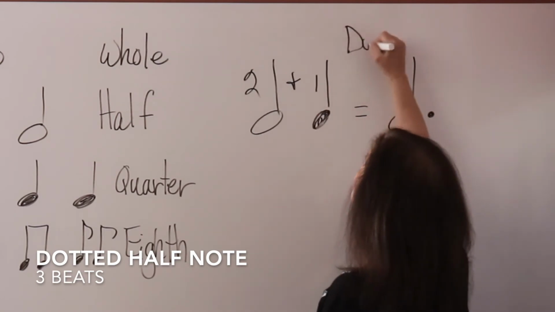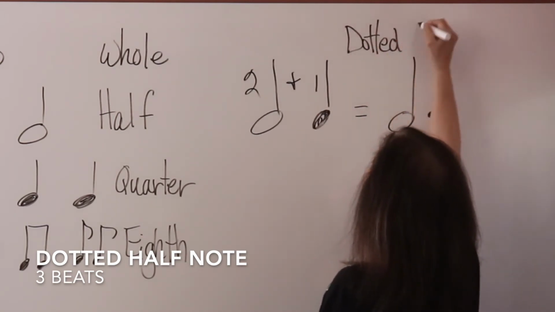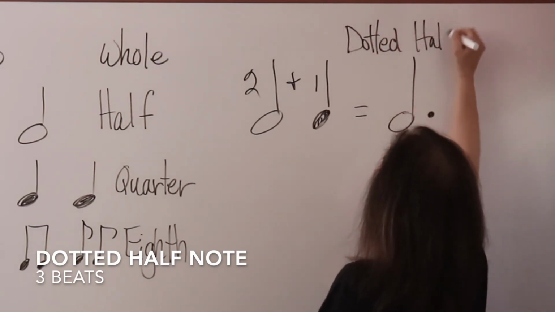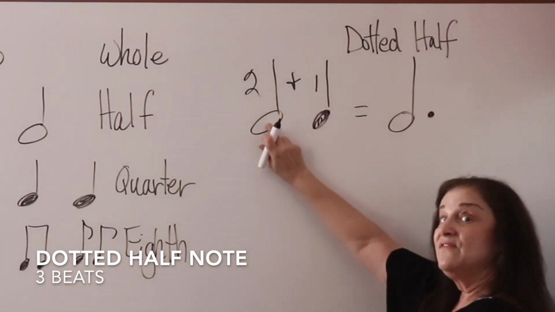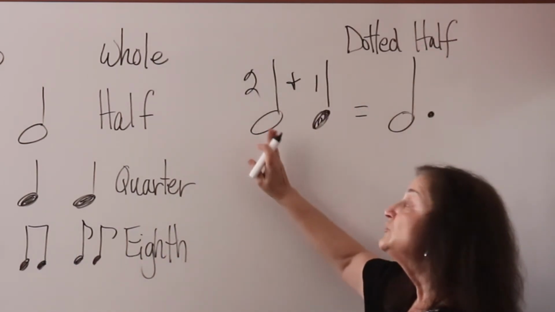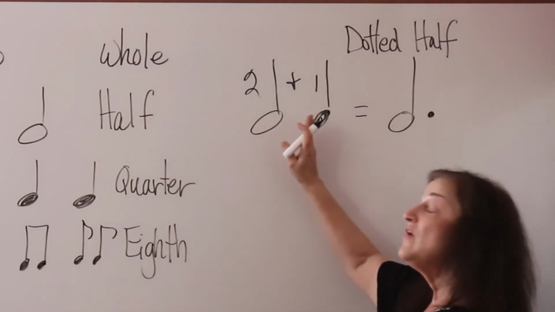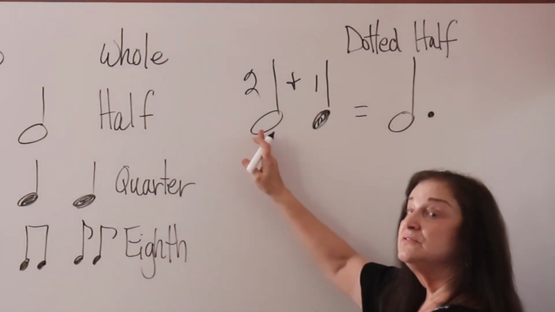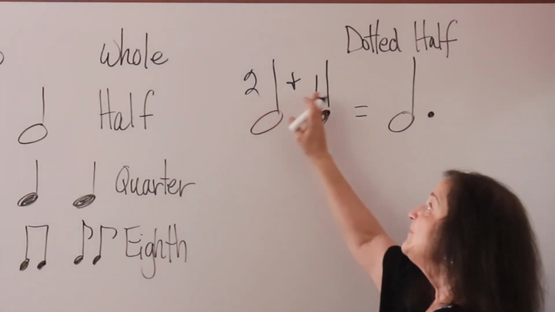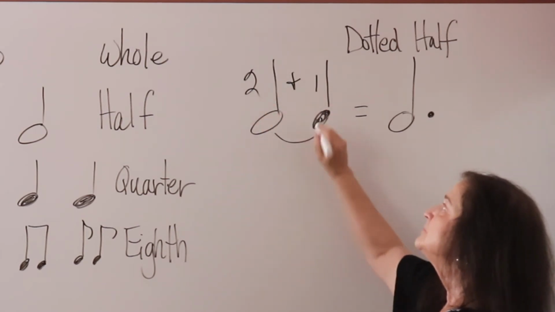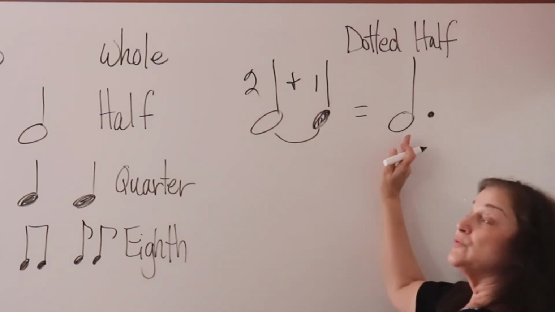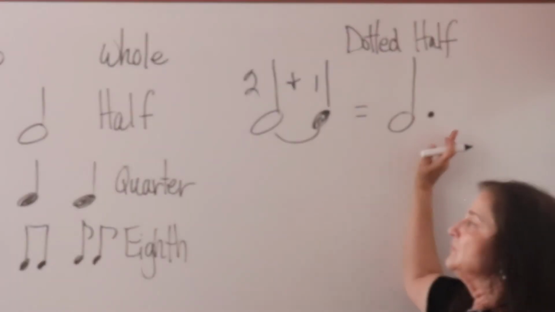Dotted half note is equal to 3 beats. A dotted half. All right, again, we have our half note here. 2 counts. Half of a half note is 1. So we add them together, 2 plus 1 equals 3.